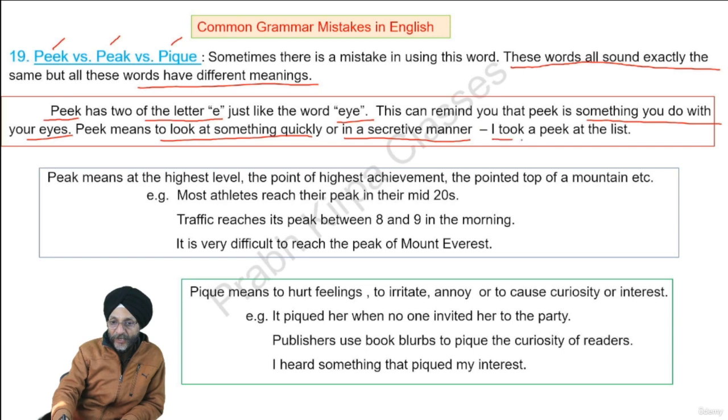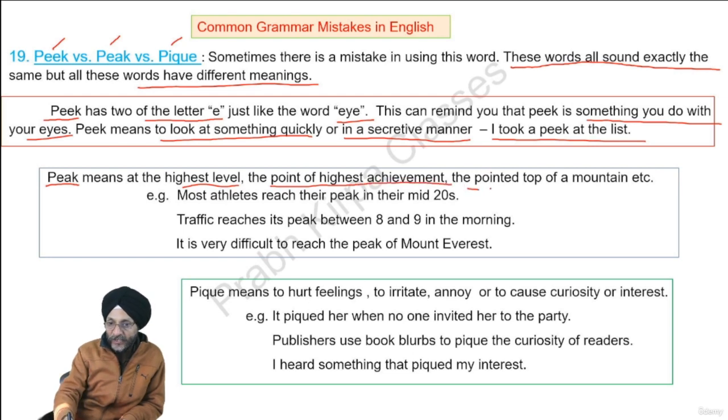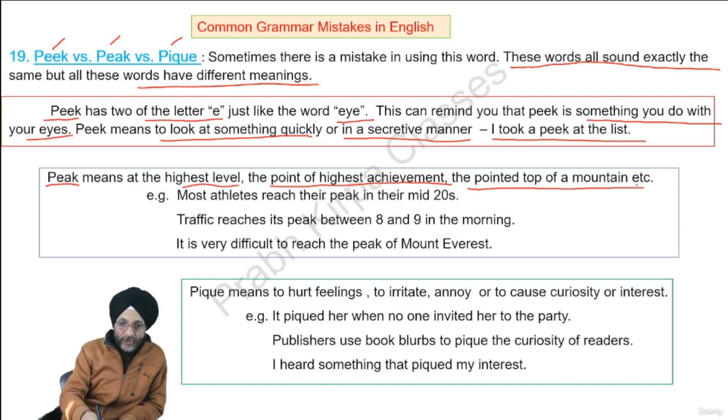For example, I took a peek at the list. That is, I go through the list very quickly or in a very secretive manner. Then peak, P-E-A-K. Peak means at the highest level, at the point of highest achievement, or the pointed top of a mountain, etc. Most athletes reach their peak in their mid 20s.